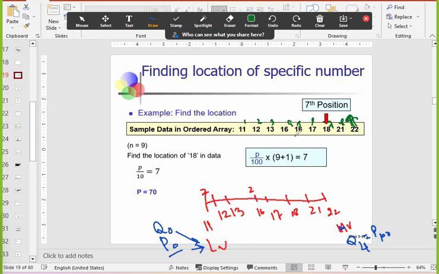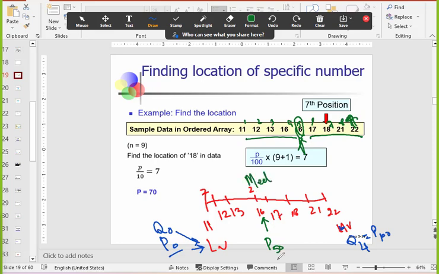So median is 16. Okay, so there are two 16s, so we will not be able to distinguish which one of them is the median, but if they are arranged in this order, then this one is the median. As the order shows, it is the second 16. So median is here. So we'll say it is percentile 50. It is median, and it is quantile 2. So these are common names that are repeated in the literature.